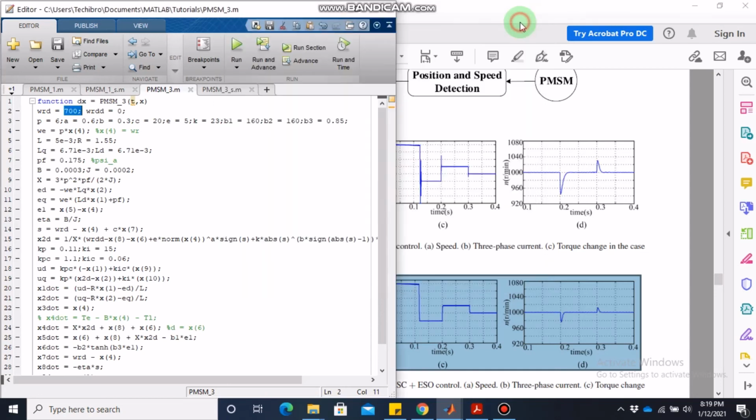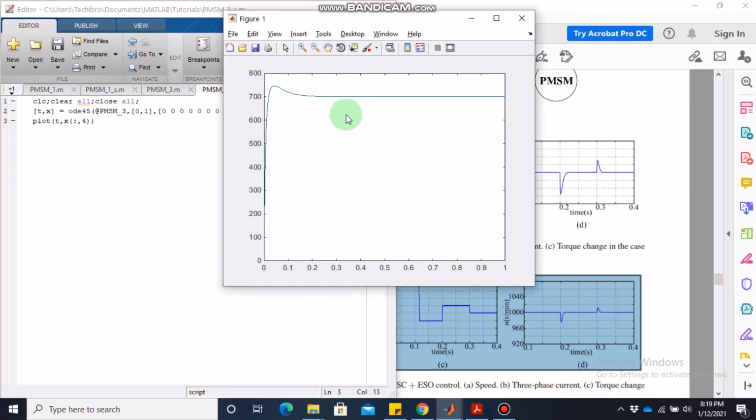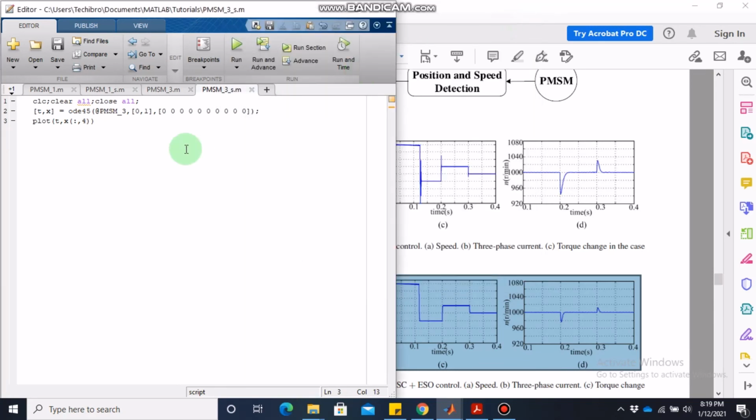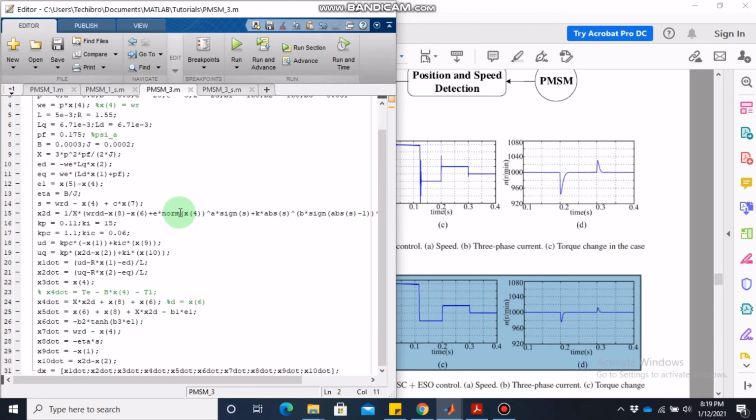then we have 10 state variables. These first four state variables really are the ones that matter the most, and the other state variables are either integrator states or some other states that are used in the calculations.